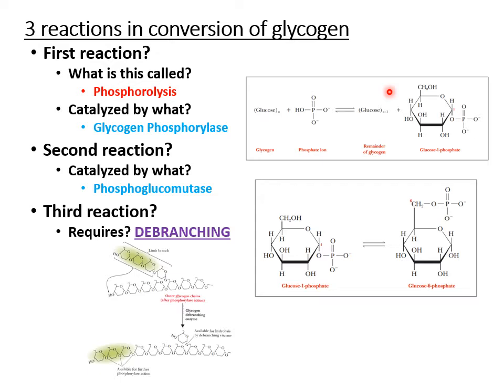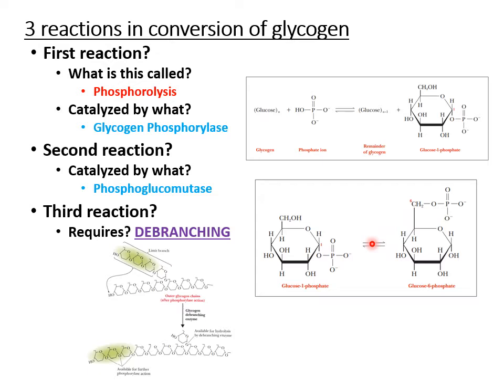But as I mentioned in the previous slide, the more important molecule is glucose 6-phosphate. So this molecule needs to be converted to this one here, and that's the second reaction. The second reaction is an isomerization reaction where glucose 1-phosphate is converted to glucose 6-phosphate.